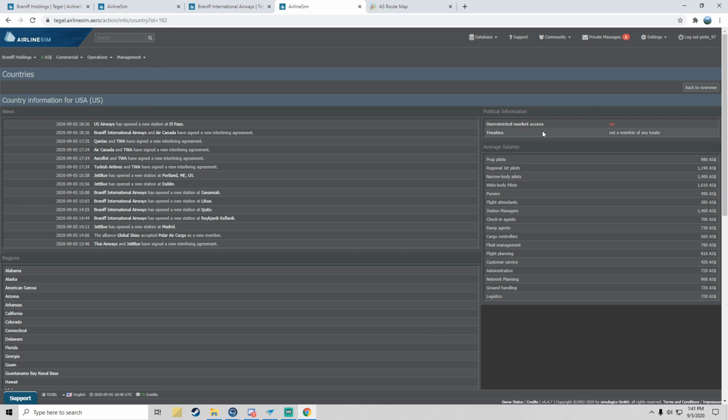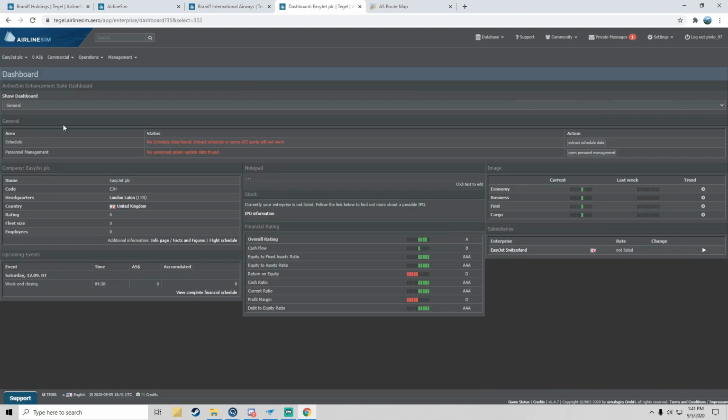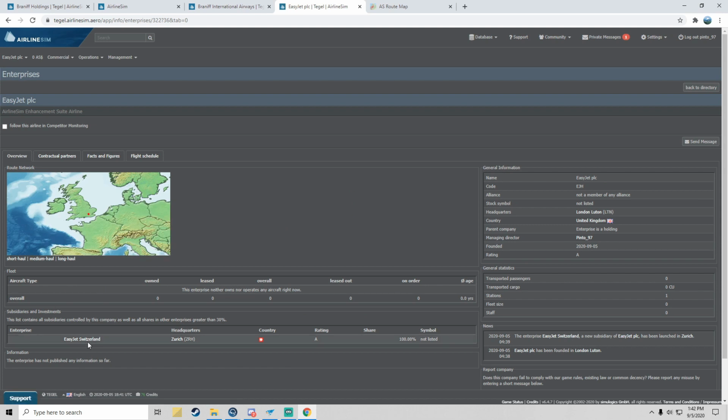So the other thing we need to look at is treaties. You're not a member of any treaty. Well, what's one of the treaties? Well, we'll take a look at that. We'll switch over to EasyJet PLC, which is the holding for EasyJet. Now you can see its country is United Kingdom, headquartered in London, Luton. Let's click info and we see EasyJet Switzerland. Well, headquarters is in Zurich.